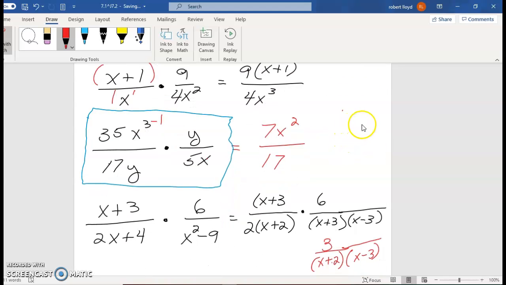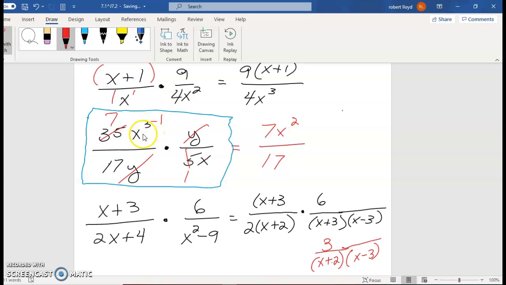Okay, the next one, we can't factor anything, but we can start canceling. So first thing we can do is take the y and the y, because there's one in the numerator and one in the denominator. Those will cancel out. And then 5, we'll go into 5 once and into 35 7 times.